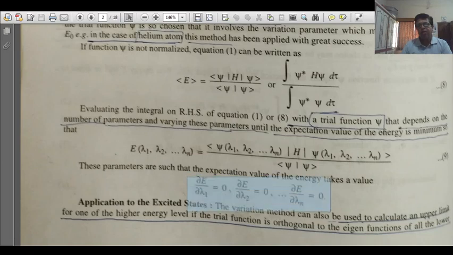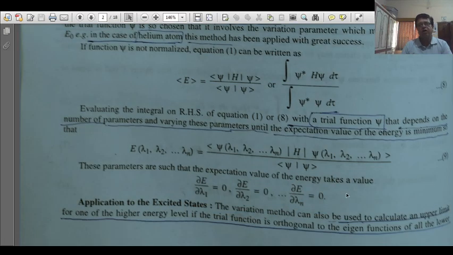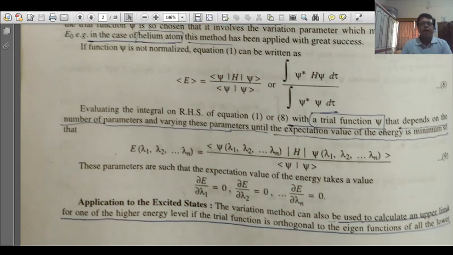For minimization, delta E upon delta lambda 1, delta E upon delta lambda 2, up to delta E upon delta lambda n, all equal 0. So these are the fundamental basics of the variational method.